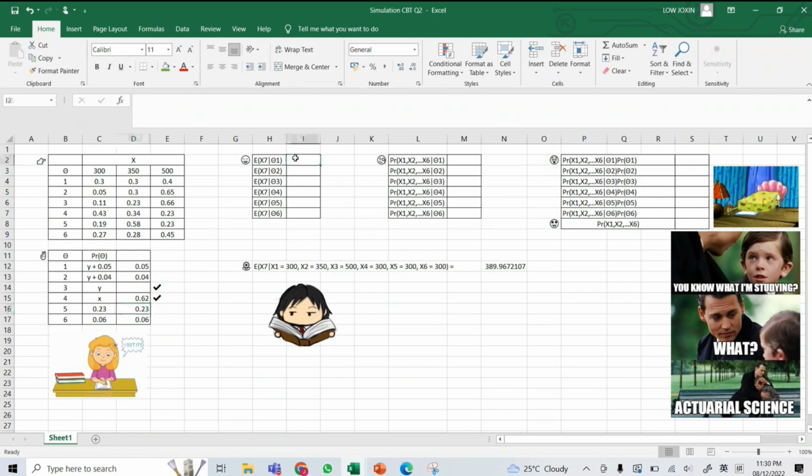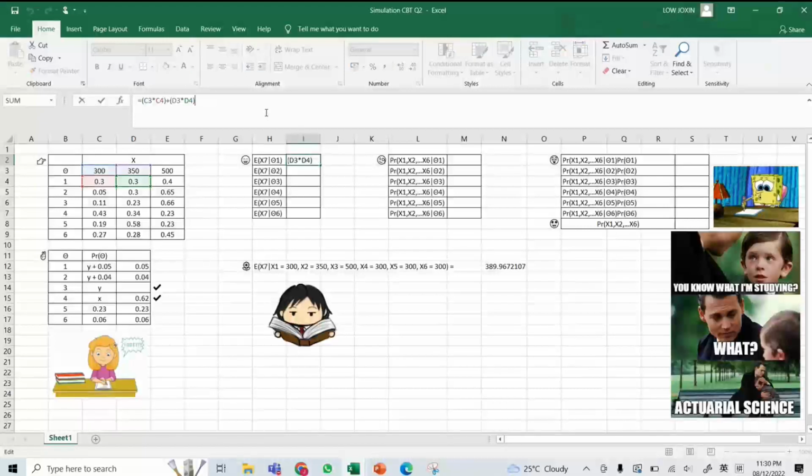To find the expected value of x given theta, we have the x value 300 multiplied with the probability, then we add the x value 350 multiplied with the probability, and 500 multiplied with the probability.